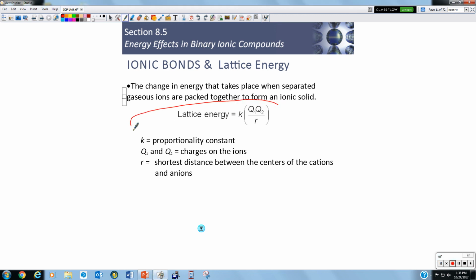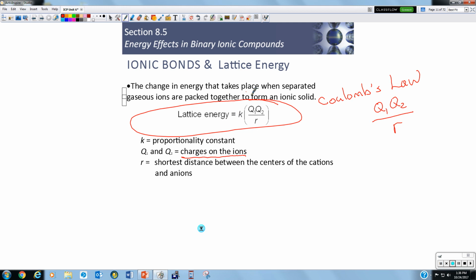This equation is, all right, this is Coulomb's law. And essentially what I want you to see is this Q1, Q2 over R. The Q's represent the charges on the ions.